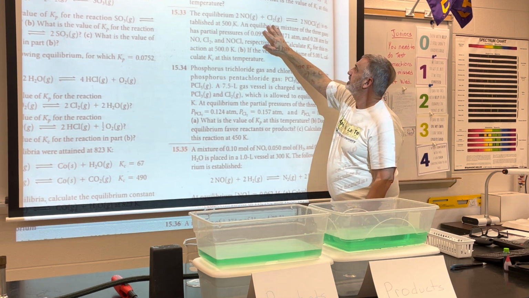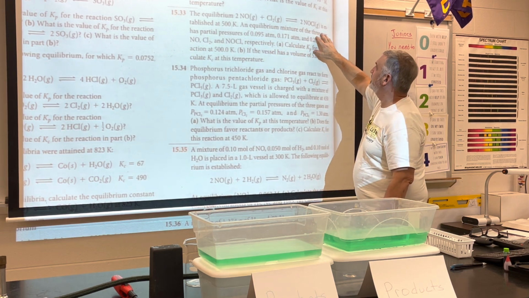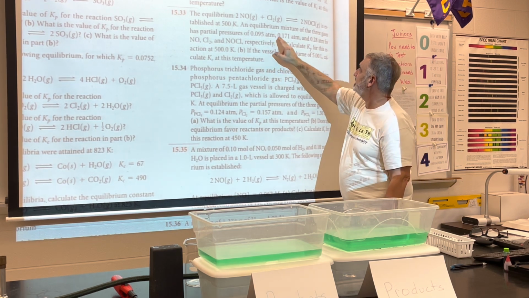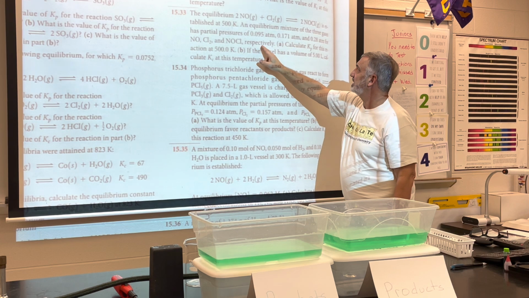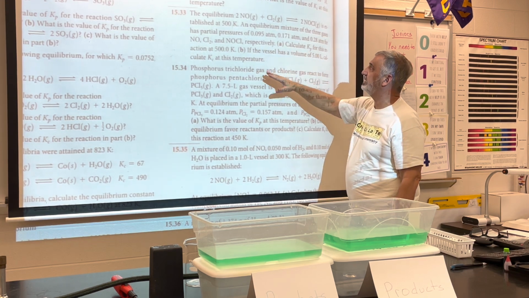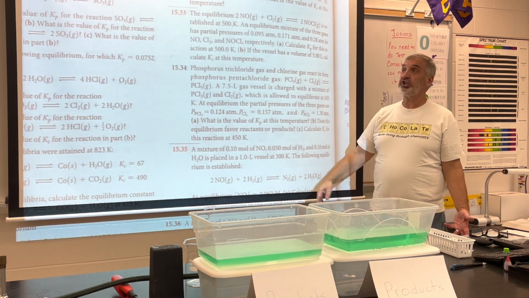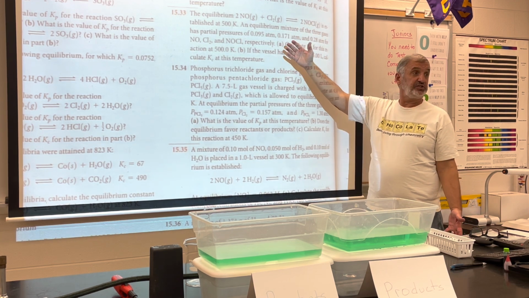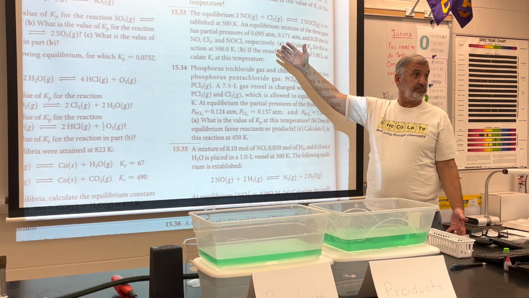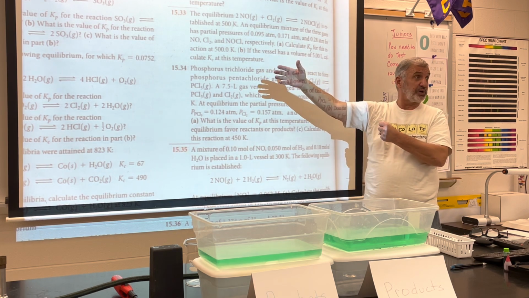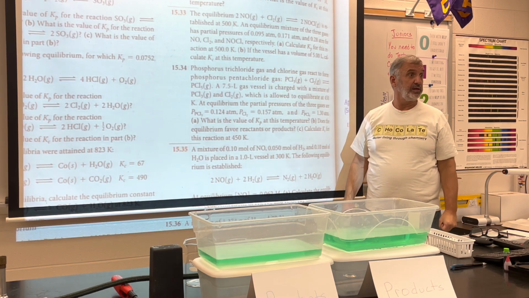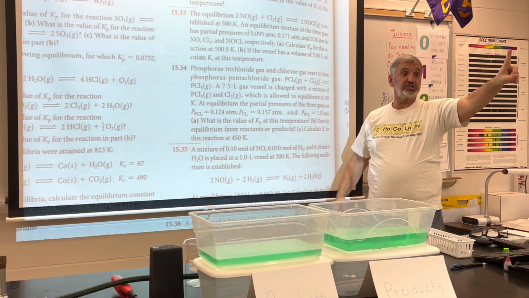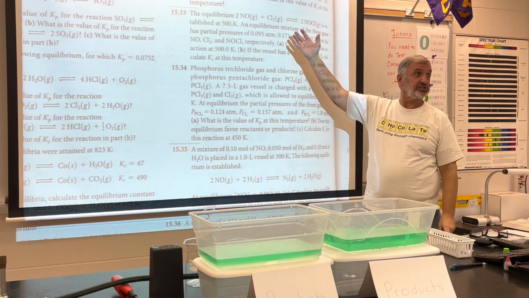The equilibrium 2NO plus chlorine goes to 2NOCl is established, and at equilibrium the 3 gases have these pressures, respectively. Calculate Kp. All you do is write your equilibrium expression and plug in the values given, just like we did in the practice problem previously. So that's the first way. All your equilibrium concentrations are given.